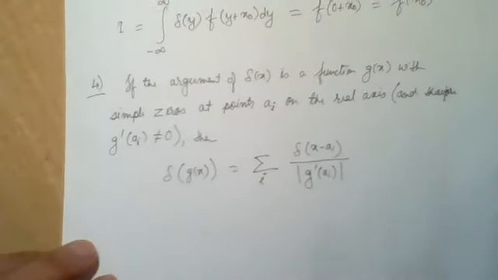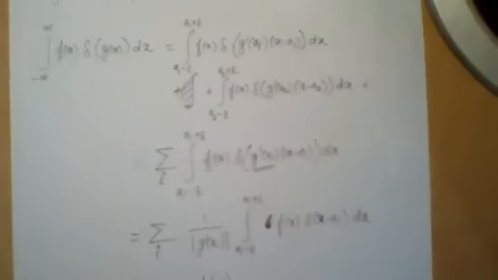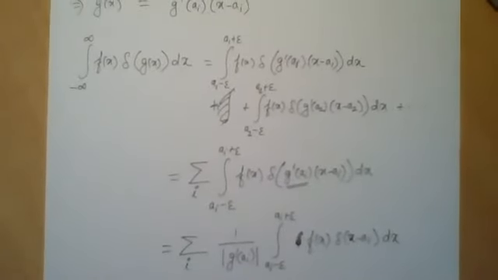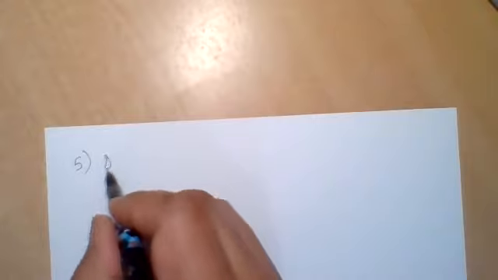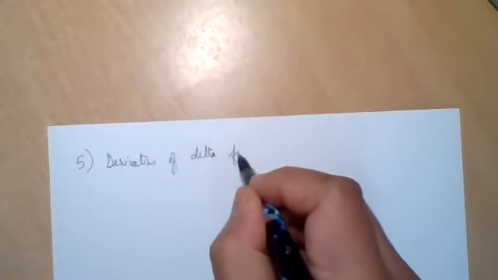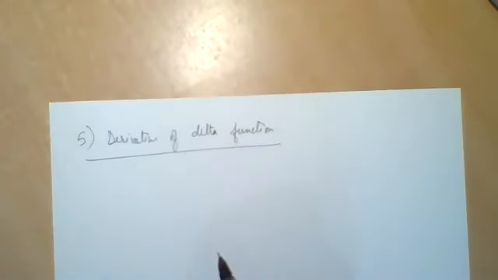Let us write down property number 5. Let me write it down on a new sheet of paper. Property number 5, that is the derivative of the delta function.